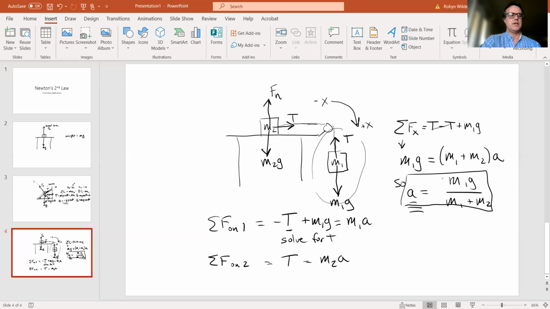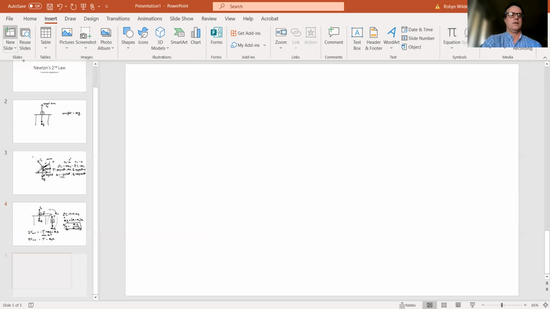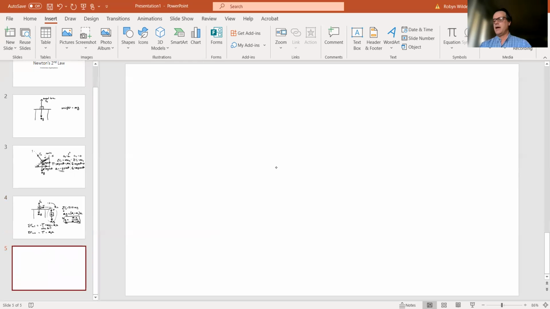Okay, one last situation for right now. Let's look at the case when the table is not there. So what I mean by that is we have just a pulley. This is another situation shown in the week 4 lab activity. I've got both masses just hanging on opposite sides of a pulley.